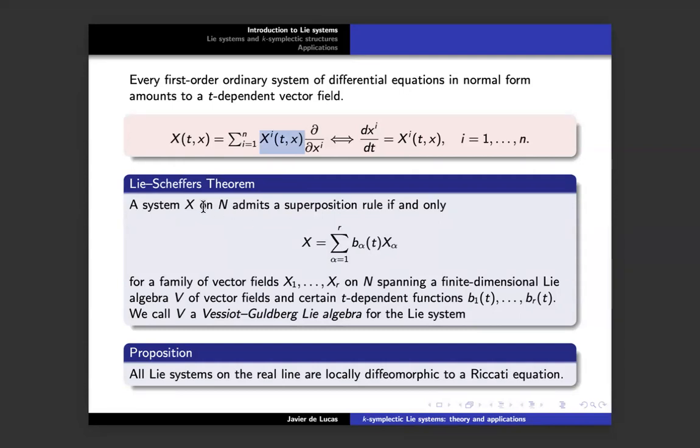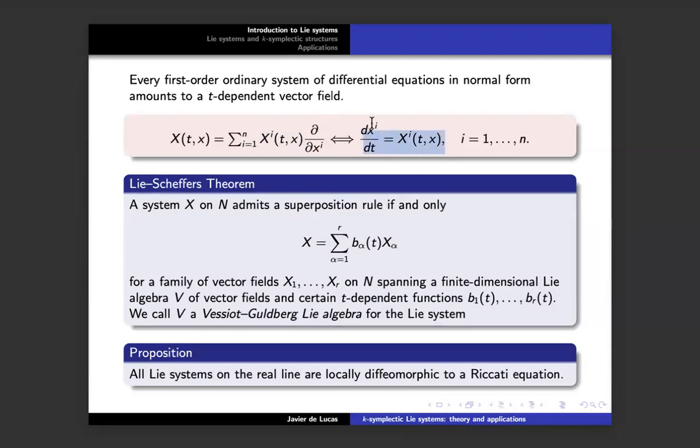You can attach the system to a time-dependent vector field, and you can do it the other way around. When you have a time-dependent vector field, you can write a certain system of differential equations in a unique way.